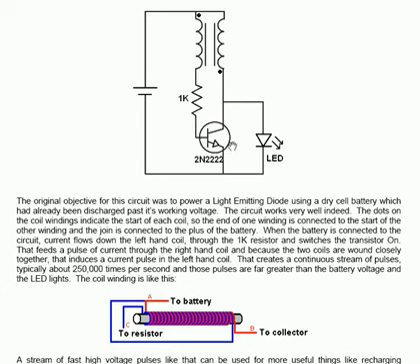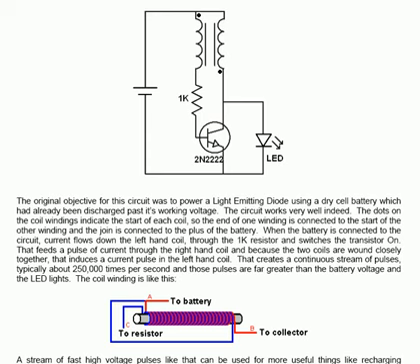The dots on the coil windings indicate the start of each coil, so the end of one winding is connected to the start of the other winding, and the join is connected to the plus of the battery. When the battery is connected to the circuit, current flows down the left hand coil through the 1K resistor into the base of the transistor and switches it on.